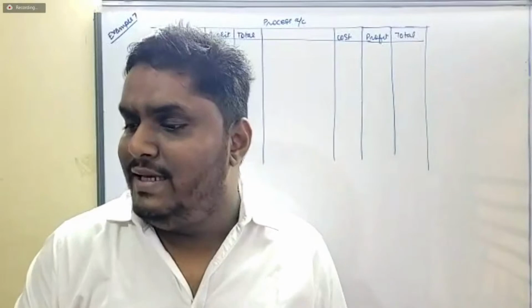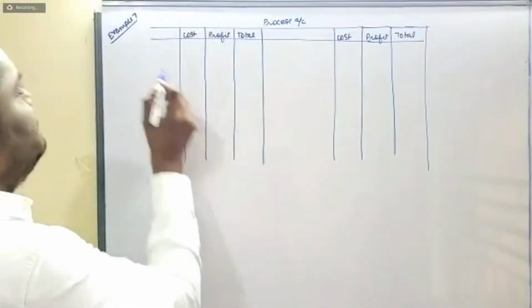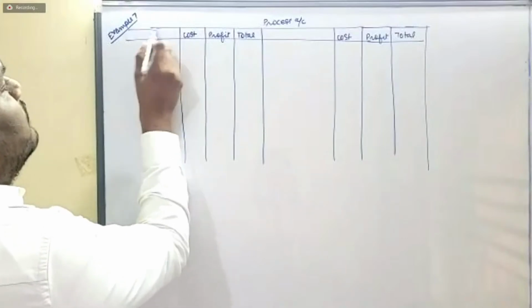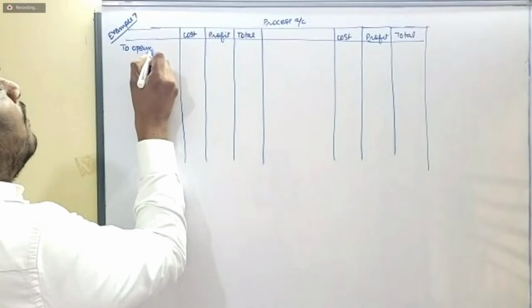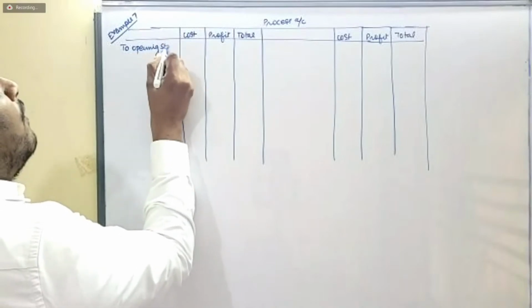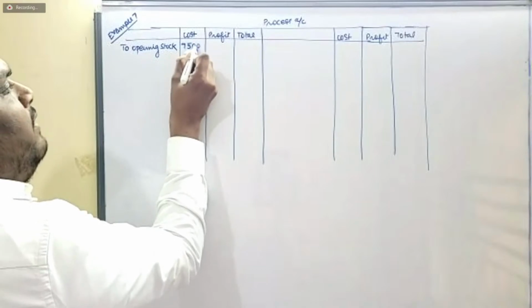So let's start, guys. Opening stock is given, that is 7,500. The cost is 7,500.